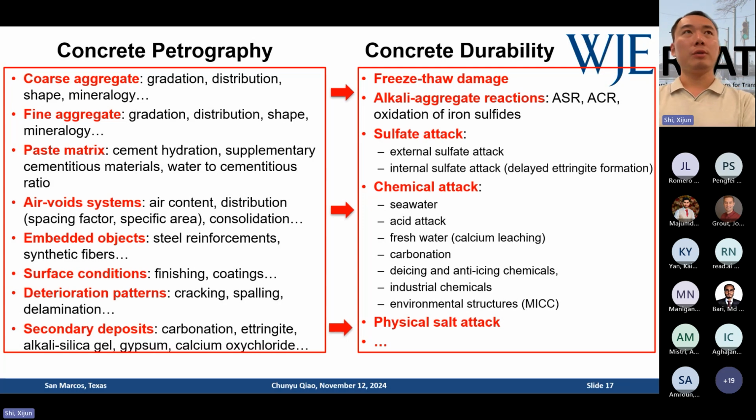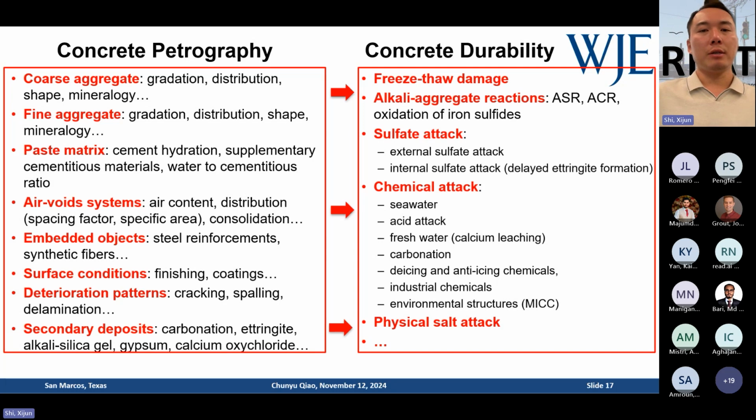Let's say seawater coastal structures, you have chloride problems and corrosion problems, and acid attack in some specific industrial structures. And you have some freshwater problems, let's say some tunnels, some water treatment plants. And you have carbonation, for some indoor parking garage or structures with high CO2, or just regular, natural carbonation.